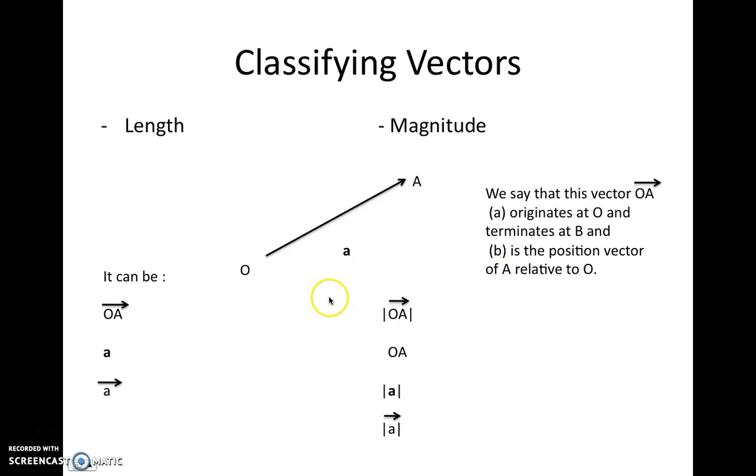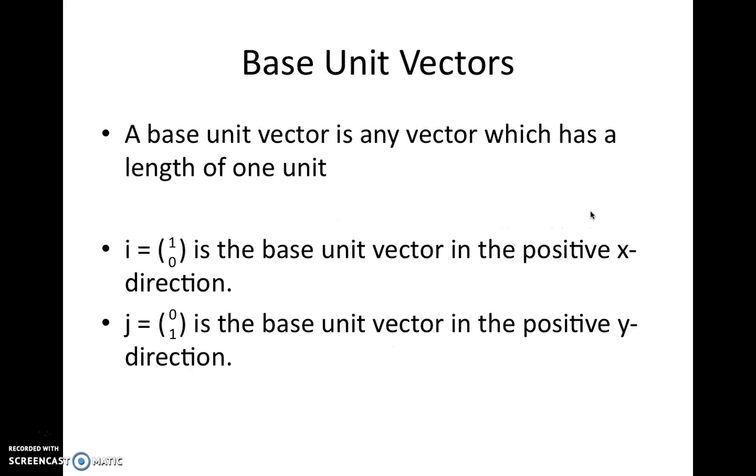The magnitude may be classed as length of OA, with an arrow over the top, or length of A in bold. We can say that this vector OA originates at O and terminates at A, and is also the position vector of A relative to O.